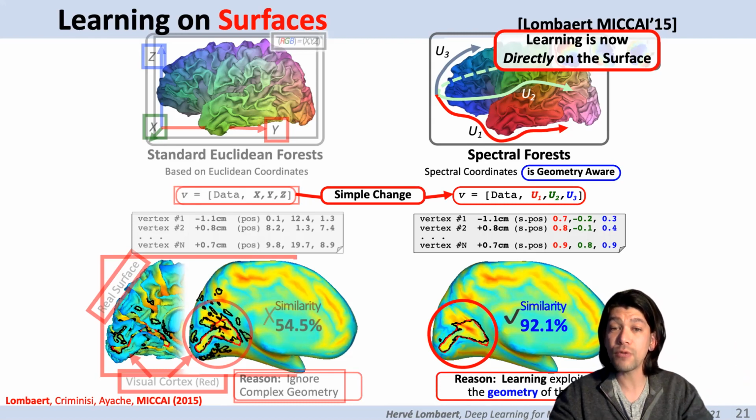Here we have a representation, a coordinate that actually lives on the surface itself. So that's why it actually learns what's happening on the geometry of the brain, and that's why it works much better than using Cartesian or Euclidean XYZ coordinates.